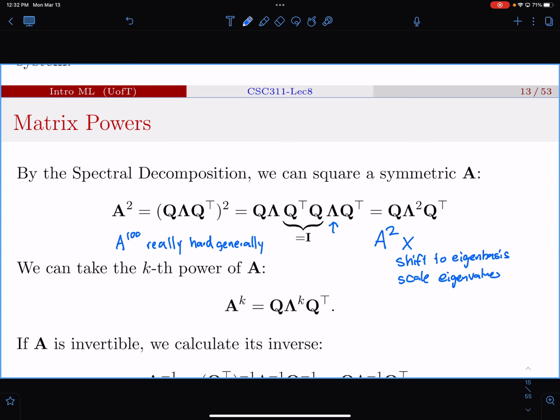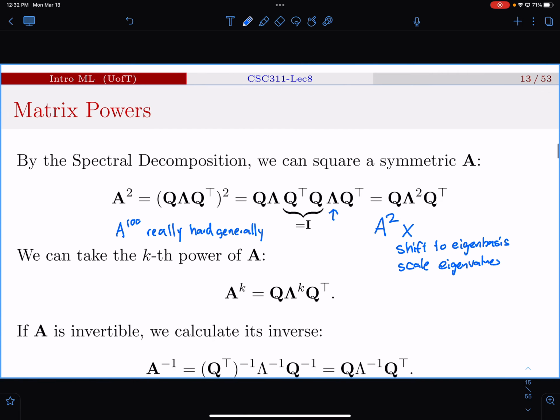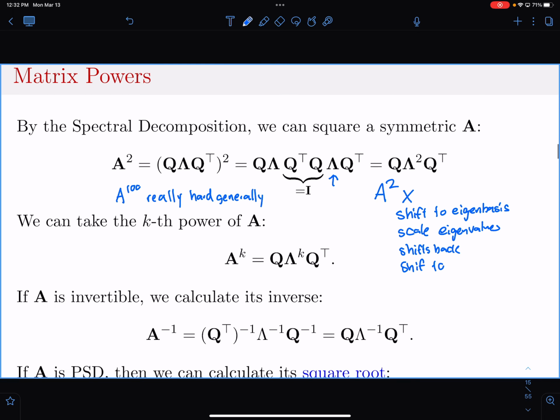And then you keep going, right? The Q shifts back to your original basis, and then you shift to the eigenbasis again. So this definition actually has a quite nice geometric interpretation. It's saying we're shifting back and forth between our eigenbasis. Then we scale again, and then finally we shift back again.